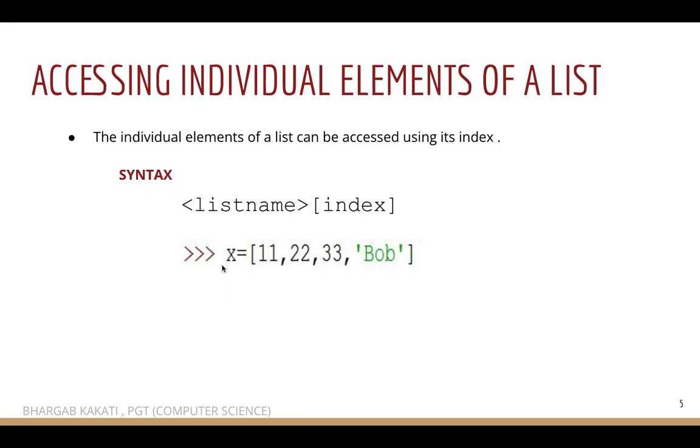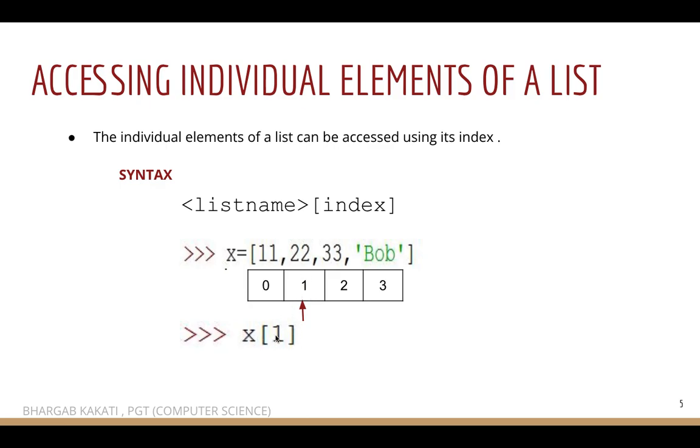So for example, if I have a list called X which consists of the elements 11, 22, 33 and Bob, and these are the forward indexes. Now if I want to access 22, I need to access it via its index, that is 1. Now how to access 22? By writing X, which is the list name, and within square brackets I need to specify its index, which is 1.